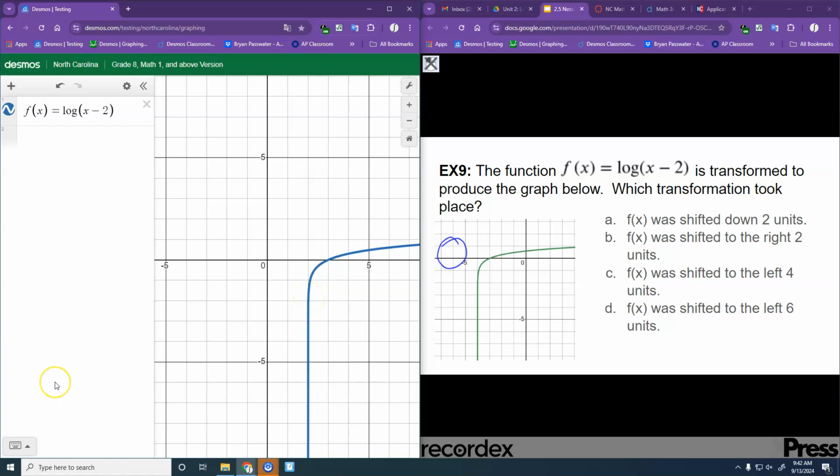Where is the vertical asymptote on that blue graph? It's at 2, right? So if I typed in x equals 2, that'd be my vertical asymptote. Where's the vertical asymptote on this graph? -4. If we start with this graph and end up with this one, what's happened? Left 6 units. So D would be your answer for that one.